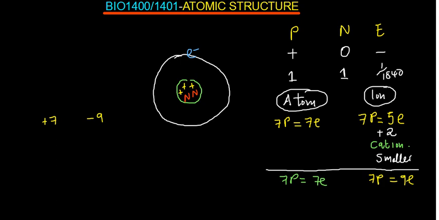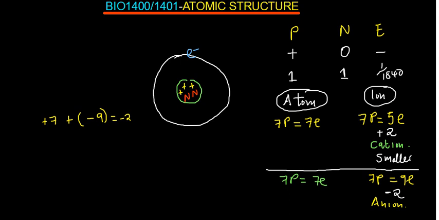When you add these 7 positive and 9 negative, you get -2. So the charge here is going to be -2. Every time you have gaining of electrons, a negative ion is formed, and of course we know this ion is called an anion.